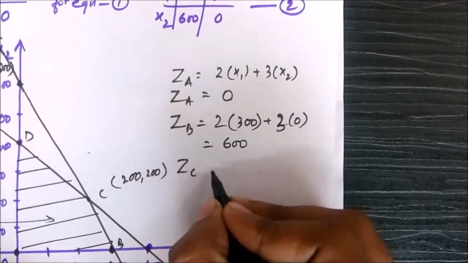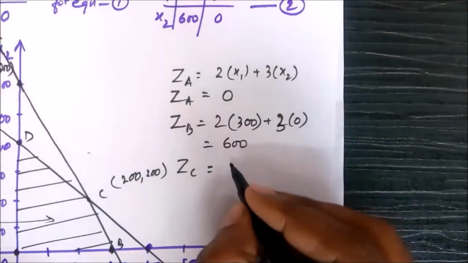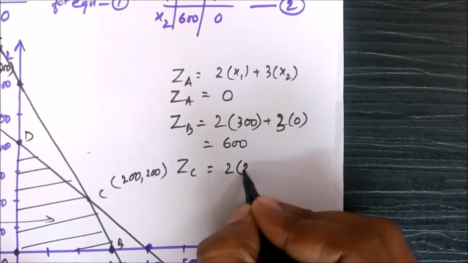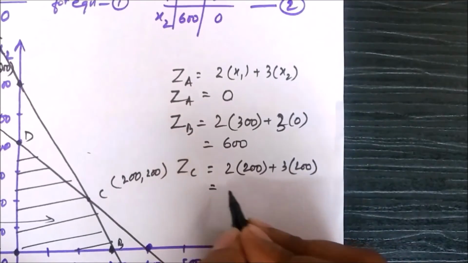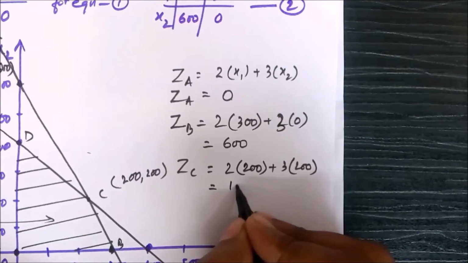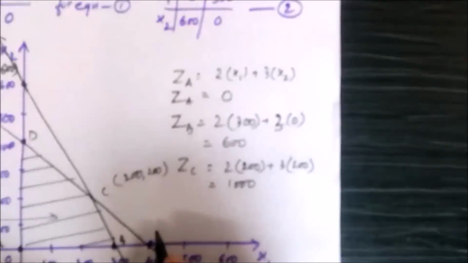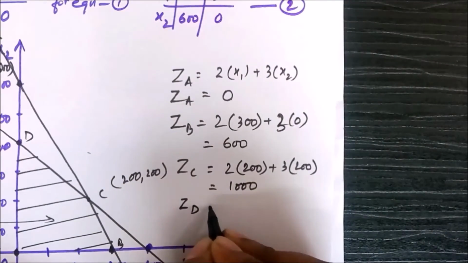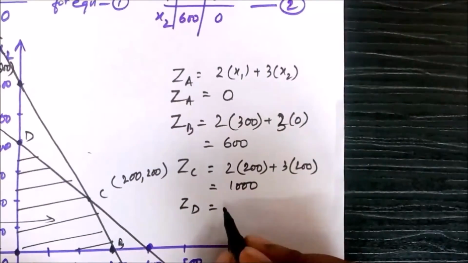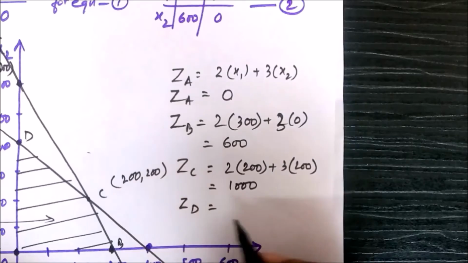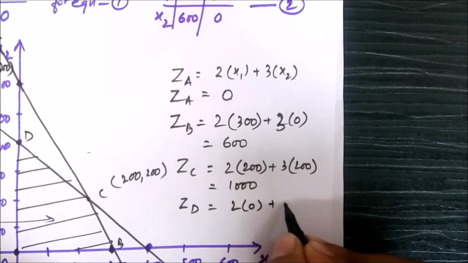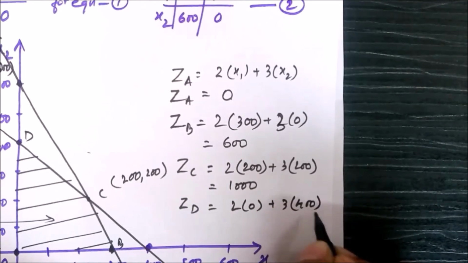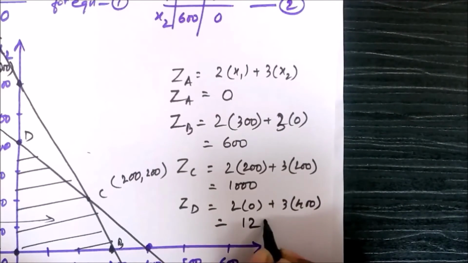Similarly for ZC, 2 into 200 plus 3 into 200, and I get 400 plus 600, which is 1000. For ZD, I get 2 into 0 plus 3 into 400, so that is 1200.